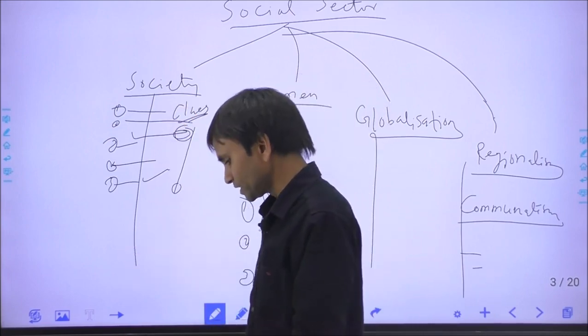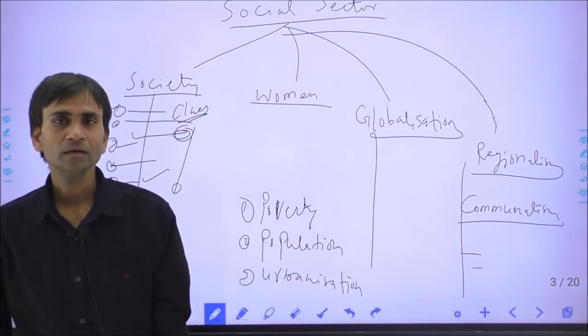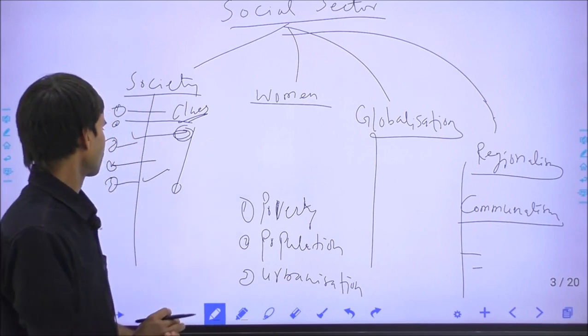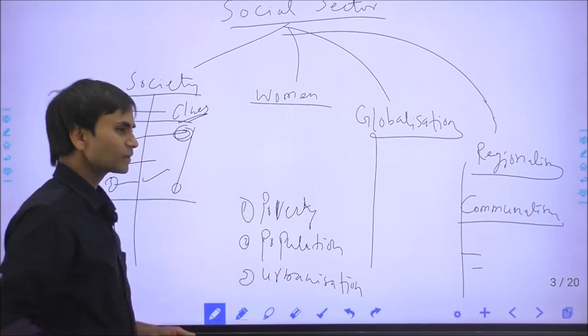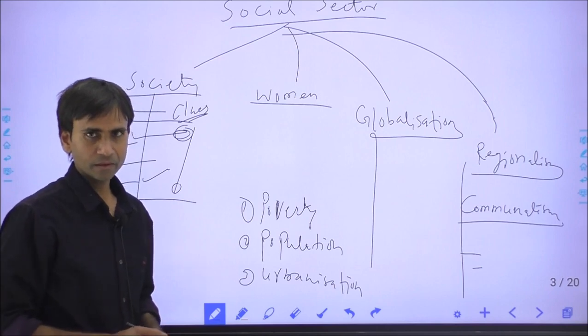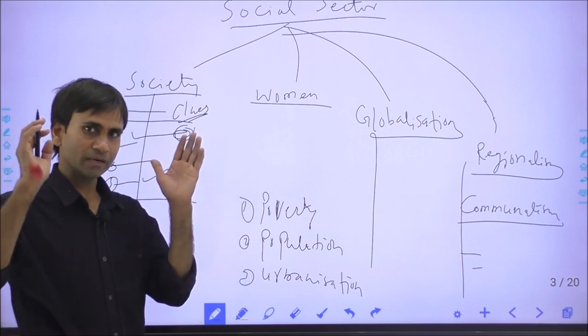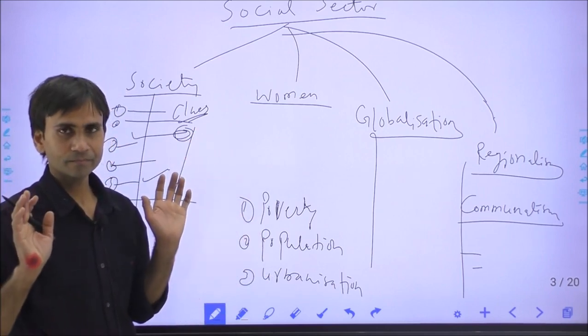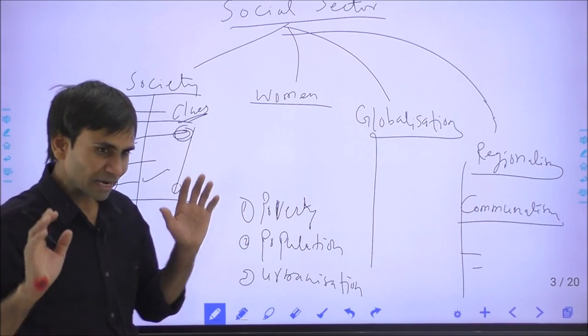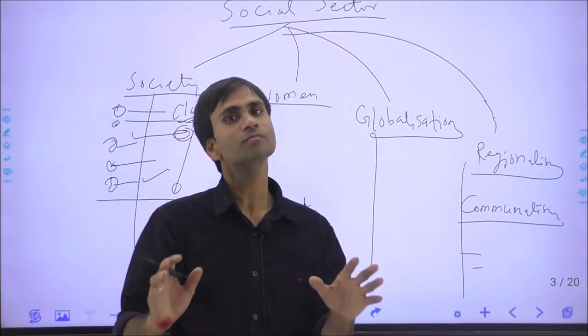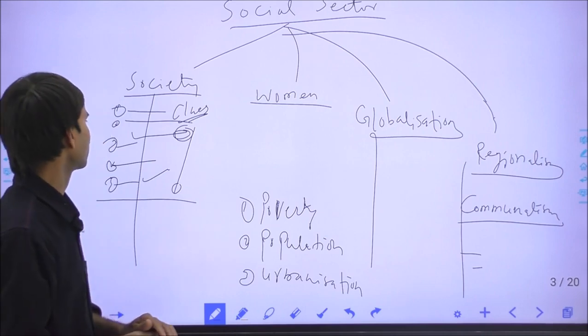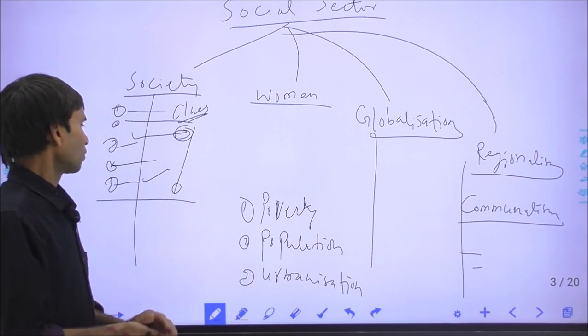Another aspect of Indian society is the diversity of India. Definitely from the very beginning, India has been the most diversified country in the world, and the maximum number of religious and cultural groups reside in India altogether.